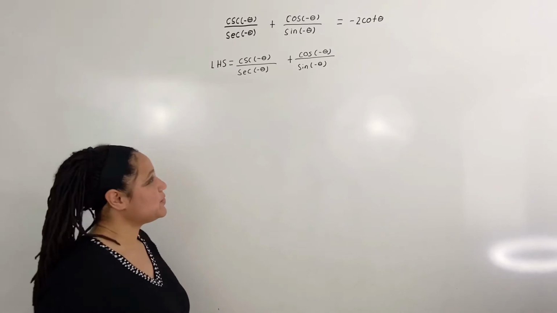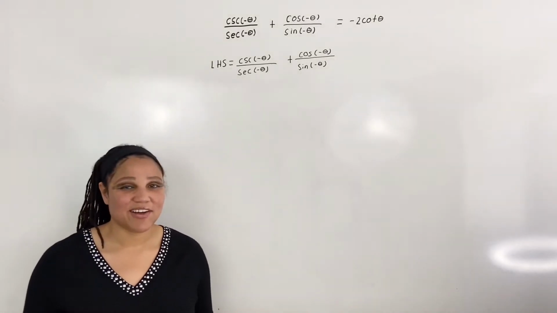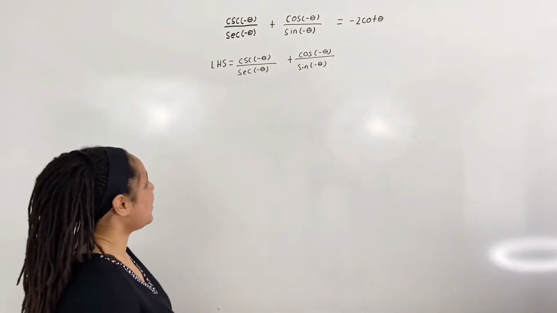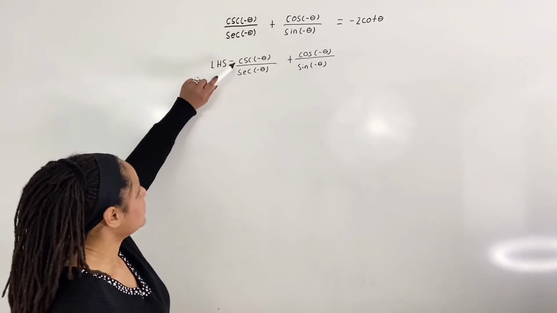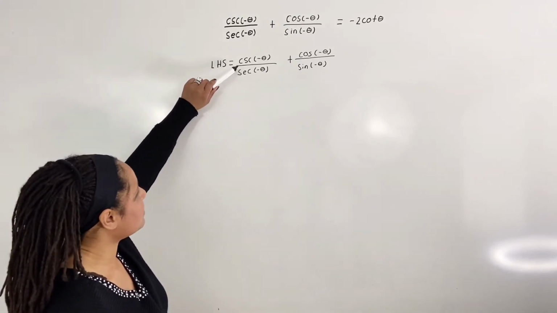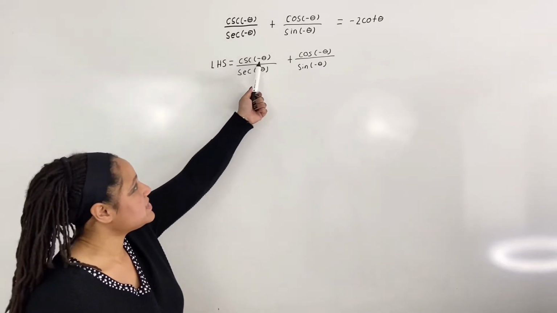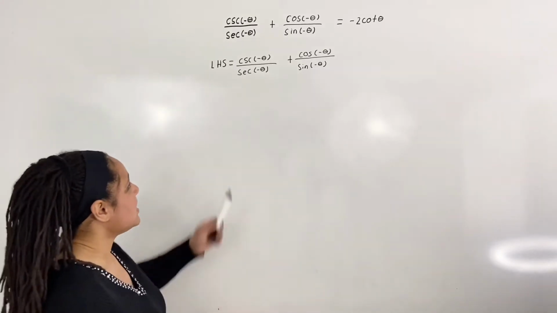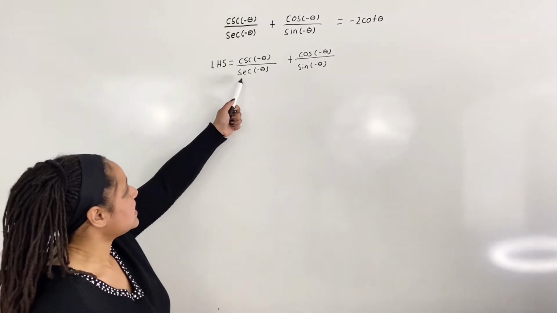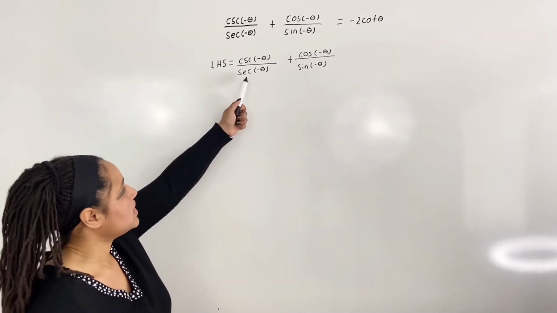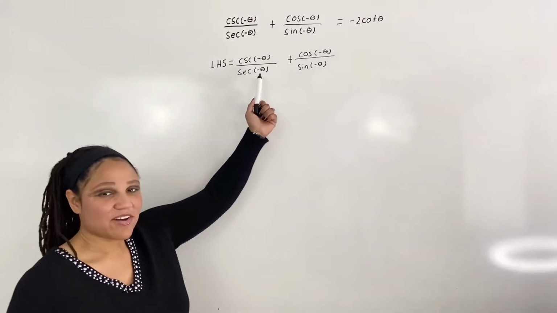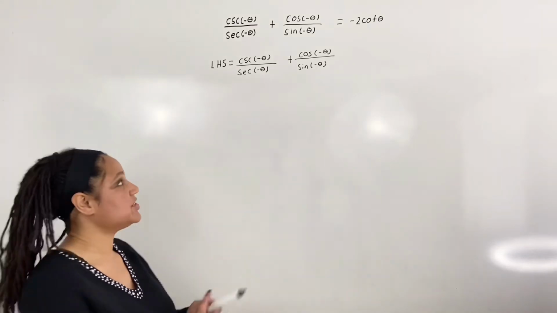Now I'm going to apply the even and odd properties. So we know that cosecant is an odd function. This means that we simply take the negative sign and pull it out. And we know that secant is an even function, so we simply disregard the negative sign within the function.